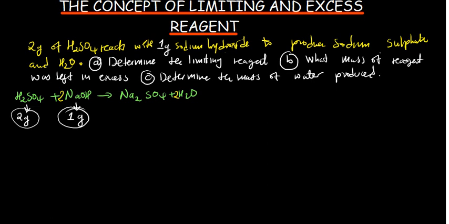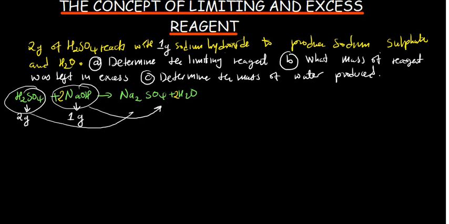Or maybe you assume that they've not given you this mass, so that you find the mass that is going to react with this one. Another method you can use is to use this one to determine the mass of any product that is going to be formed, and also use this one to determine the mass of any product that is going to be formed, like that. So let's use the second method I've said.